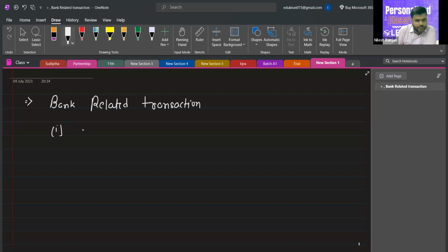So first we will discuss payment, when we are paying money to someone. Now payment can be done in any form, like while we purchased goods and paid by check.